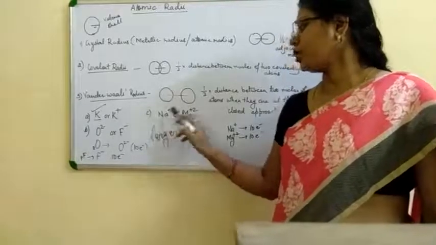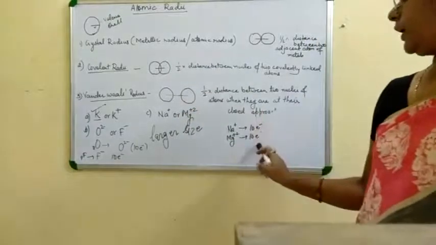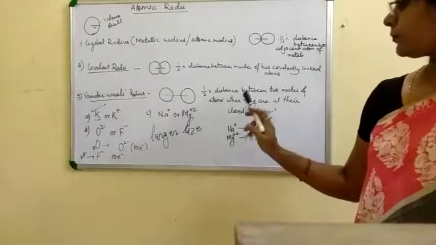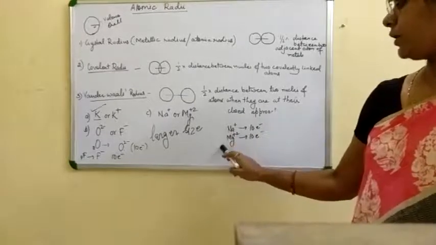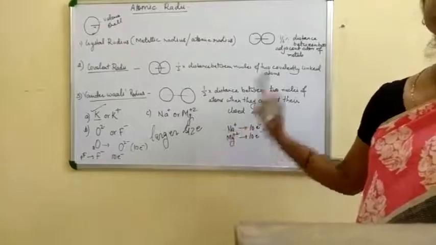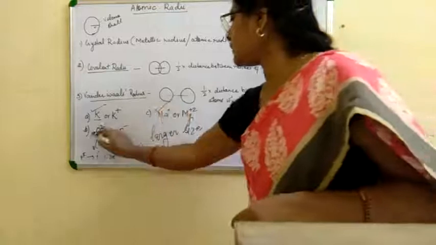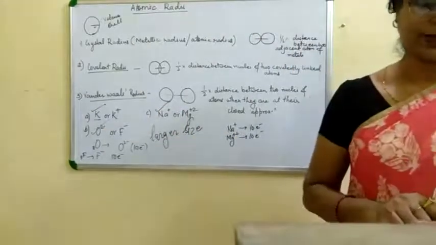In case of sodium and magnesium ion, they are also isoelectronic, containing 10 electrons both, but magnesium contains more nuclear charge. That's why the sodium ion is larger in size.